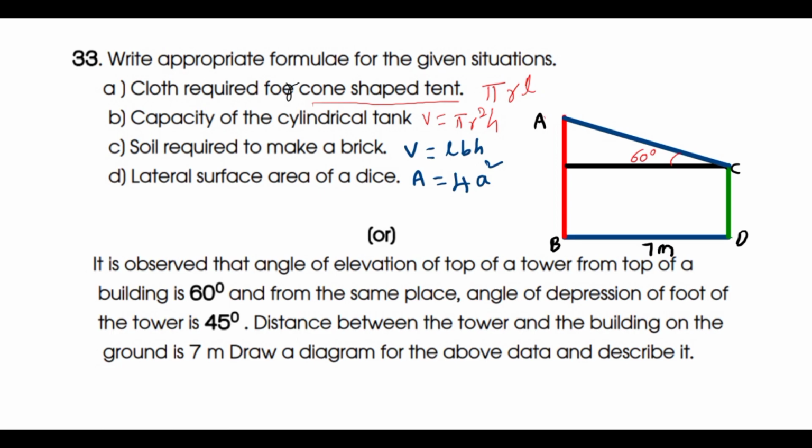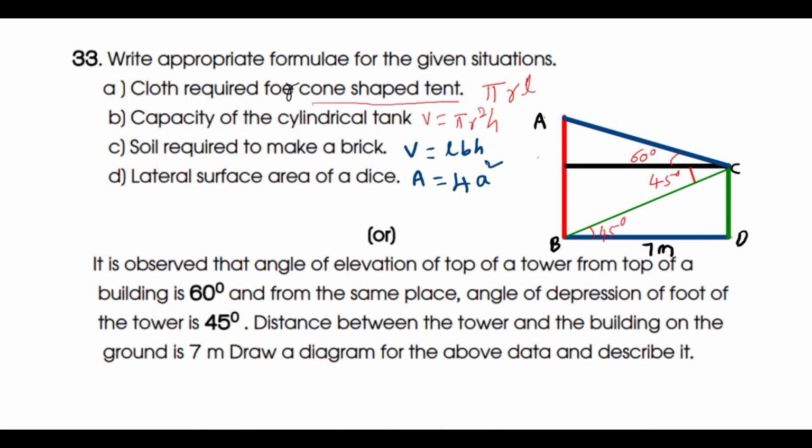The angle of depression, I'm taking the green color like this. This is 45 degrees they gave. So this one also we get 45 degrees. Okay, so this is the total figure.